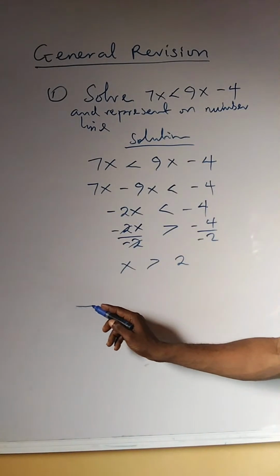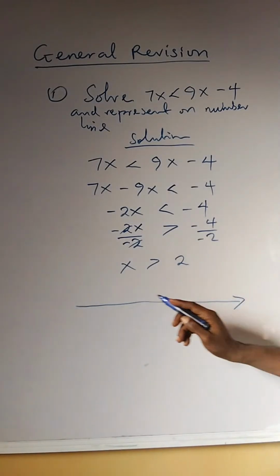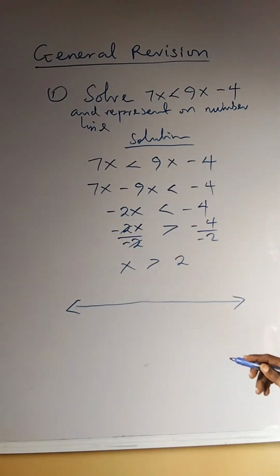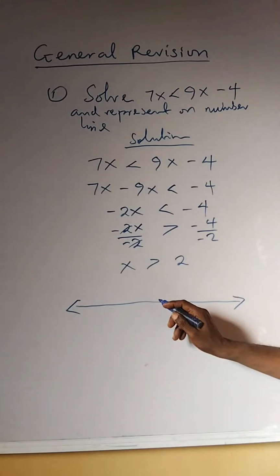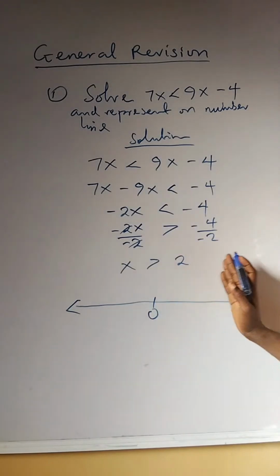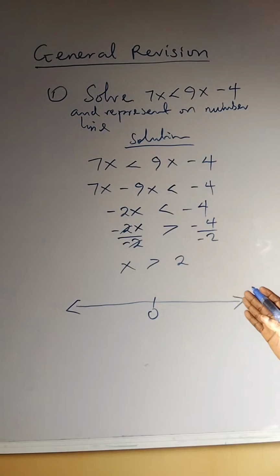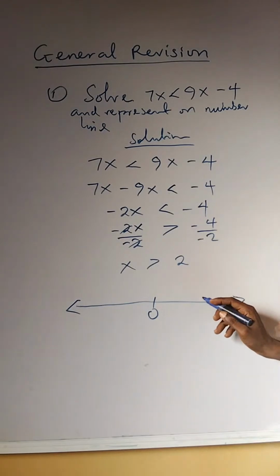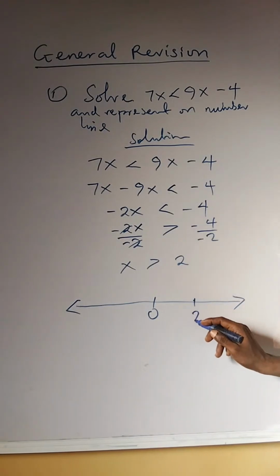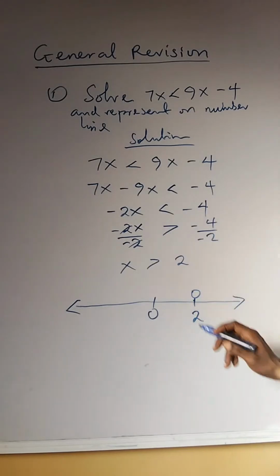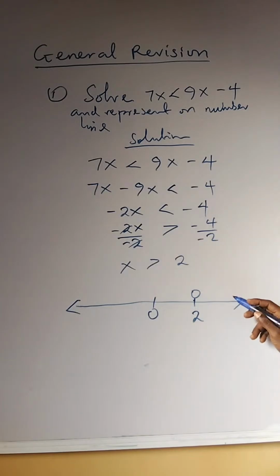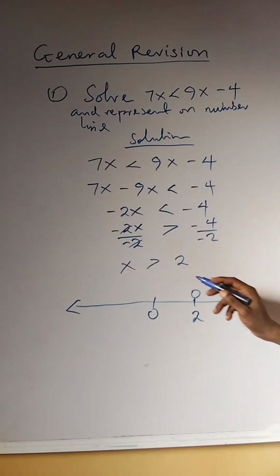And when we put this on a number line, we have this arrow here, 0 here. And we're talking about positive. 2 is a positive number towards the right. So we can put this as 2. And we indicate on it greater than.